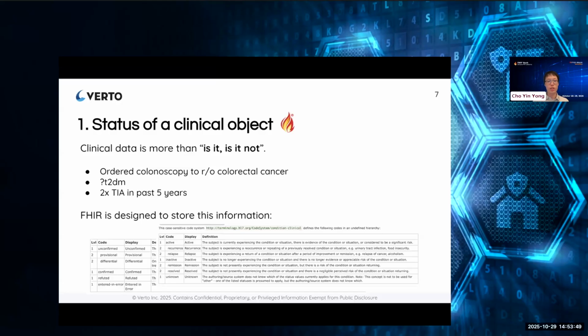In terms of condition, there's a condition.clinicalStatus and condition.verificationStatus, and they're well-defined statuses. They have a standard definition that everyone understands, and here I screenshotted what FHIR provides as the definition of active, inactive, unconfirmed, confirmed, and even refuted.